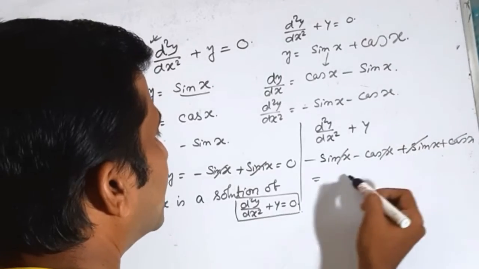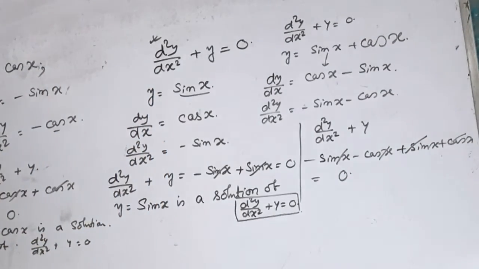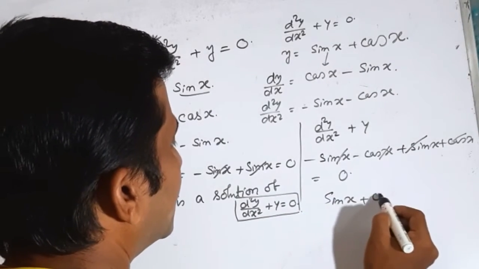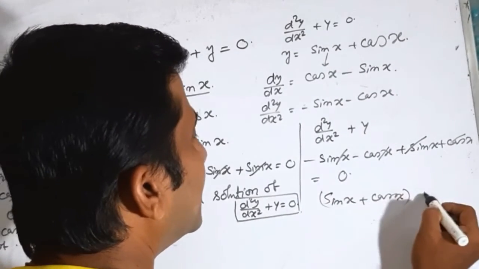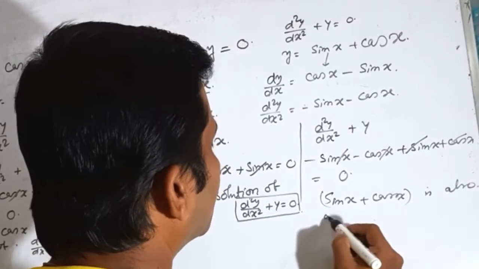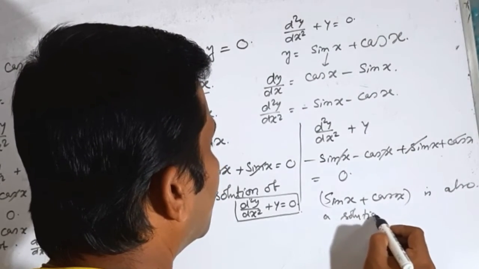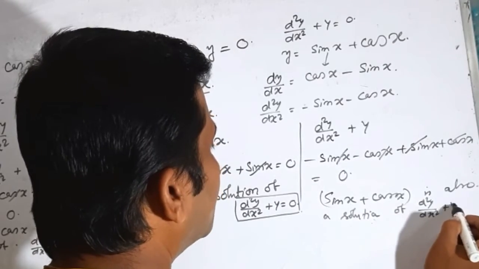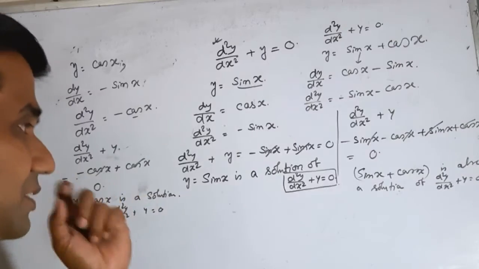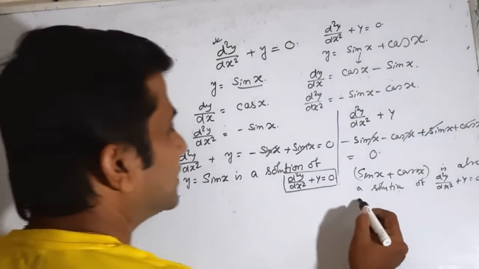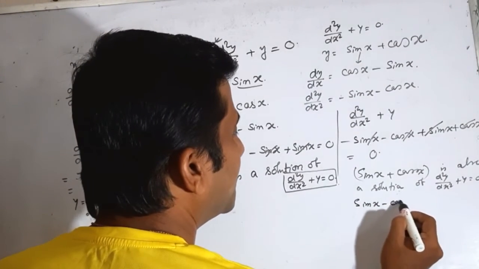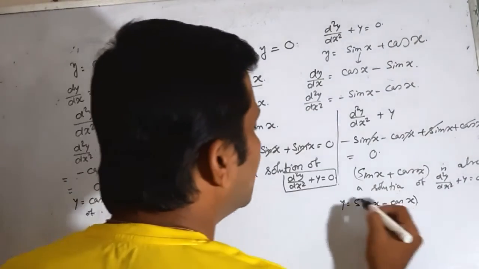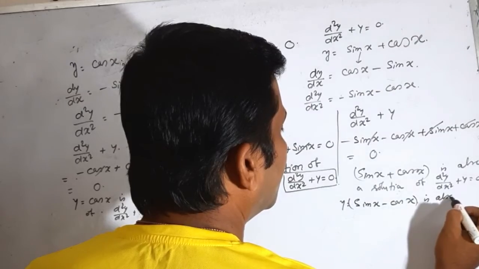Cancelling, we get this is also 0. So sin x plus cos x is also a solution of the differential equation d2y/dx2 plus y is equal to 0. You can similarly show that y is equal to sin x minus cos x is also a solution.